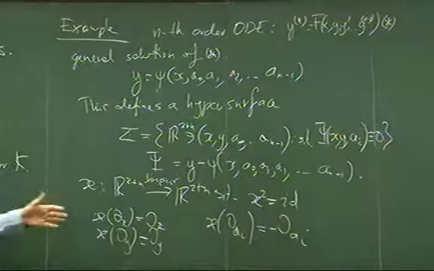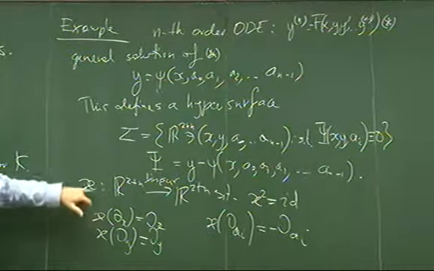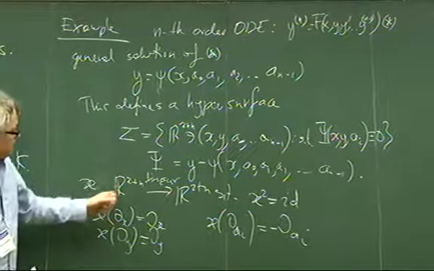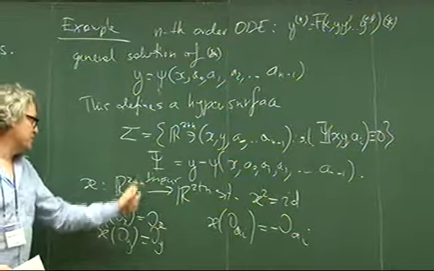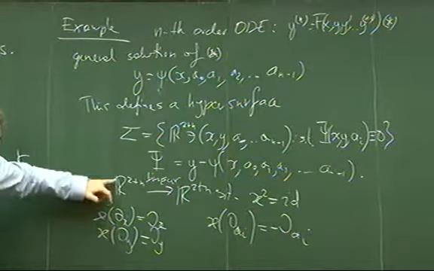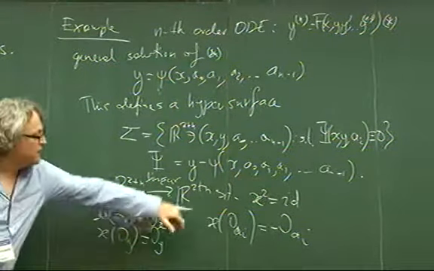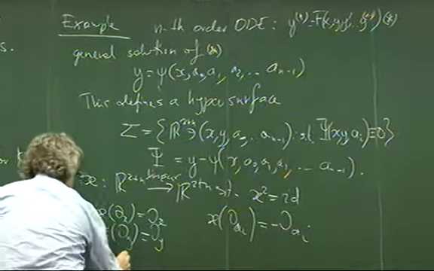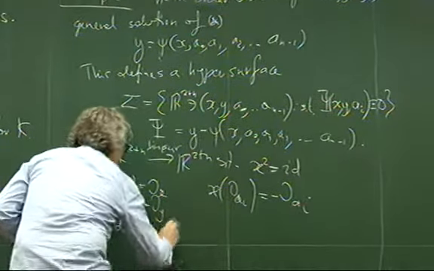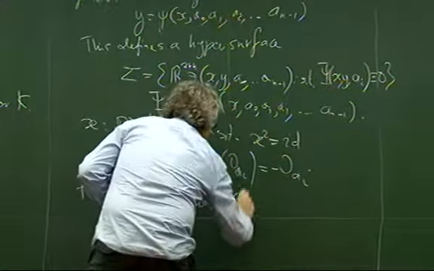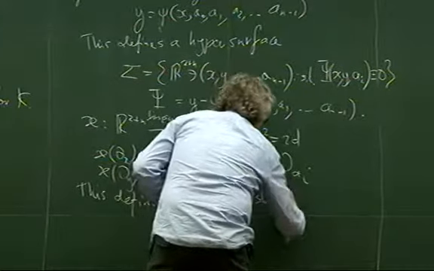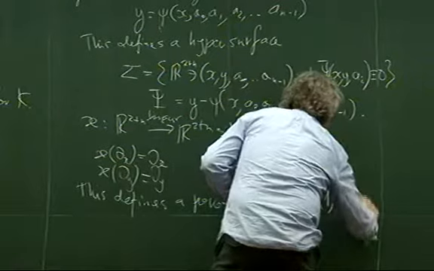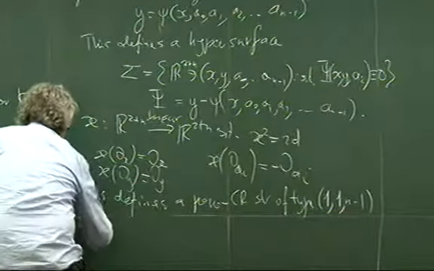So given such a kappa in R^(2+n), this gives me the split of R^(2+n) into R^2 cross R^n, and this defines a para-CR structure of type 1, 1, and minus 1 on sigma.